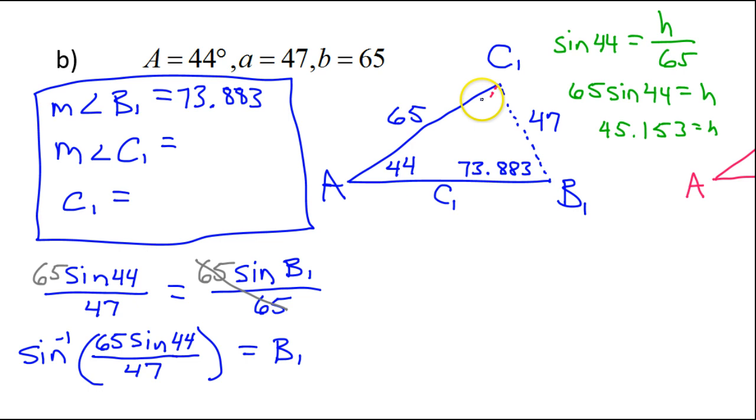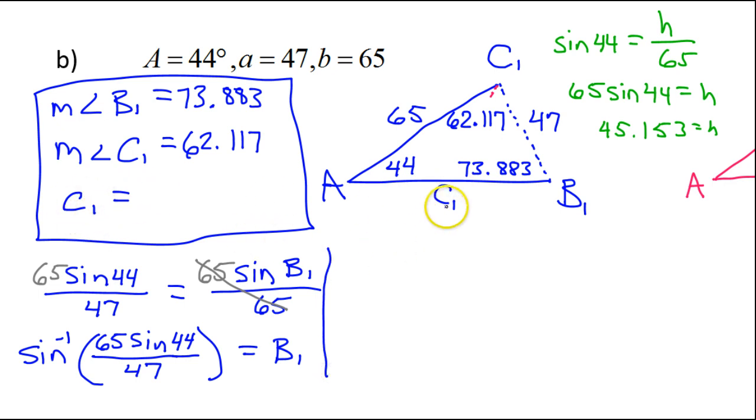To find angle C1, I need to subtract these two from 180. That gives me 62.117. Now I'm going to find the length of side C1.